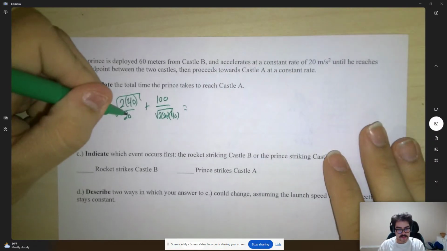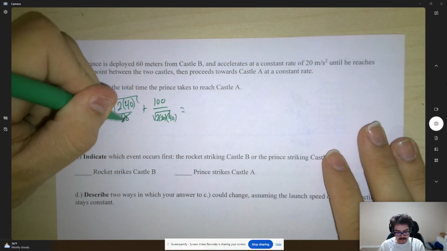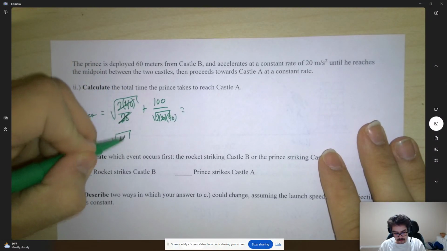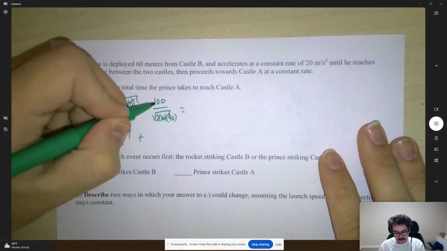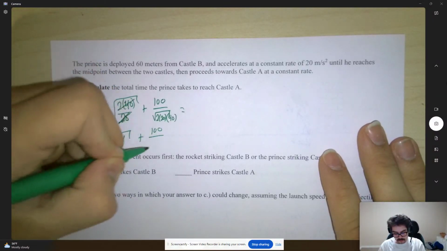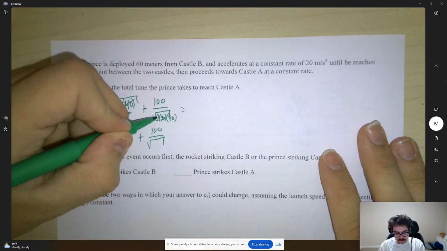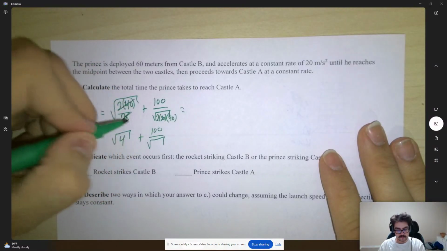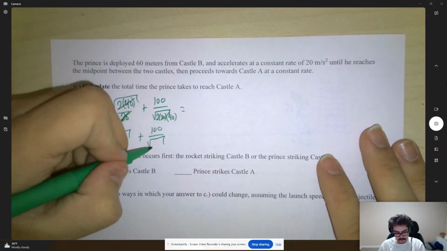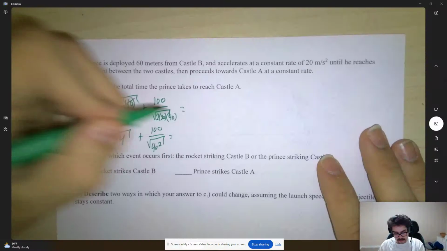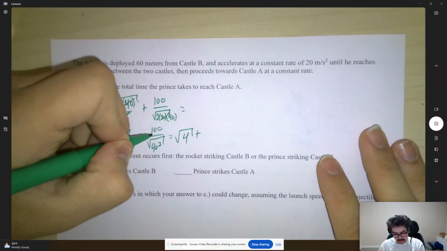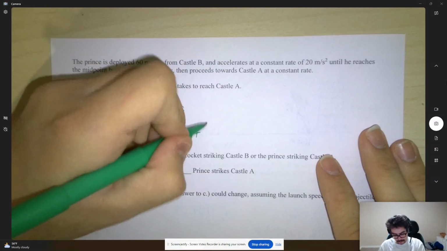Let's see, because this right here ends up being 20, and this becomes 2, so this becomes root 4 still. And then this will be 100 over the square root of 2 times 20, which is 40, times 40, which is 40 squared. So then I end up getting root 4 plus 100 over 40.